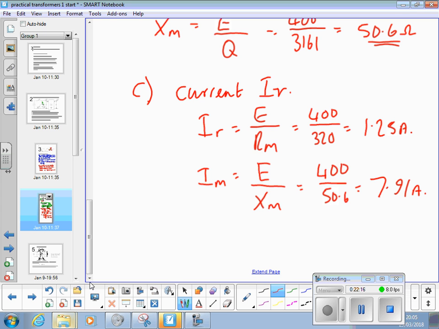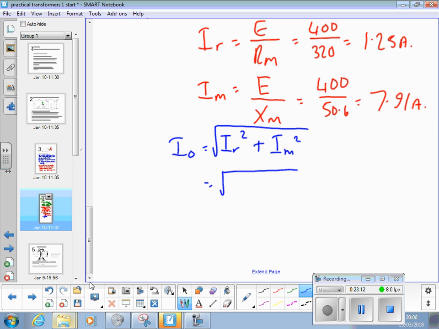IO should equal the square root of IR squared plus IM squared, by Pythagoras, because they're 90 degrees out of phase with each other.